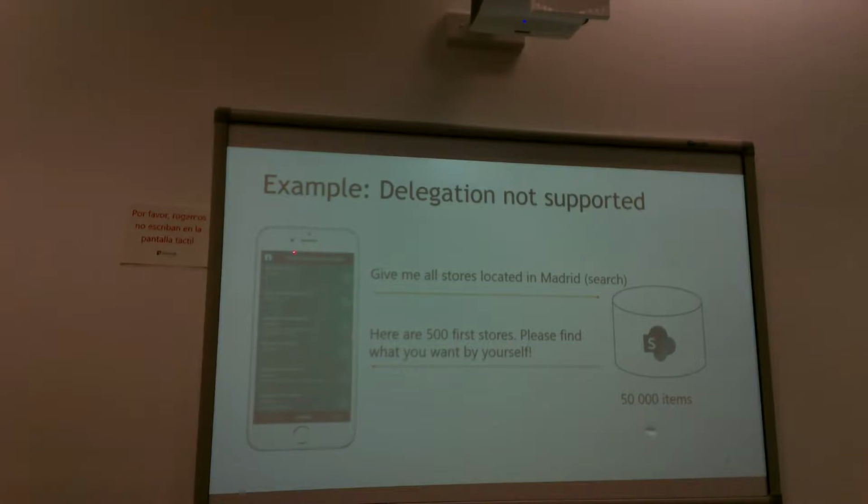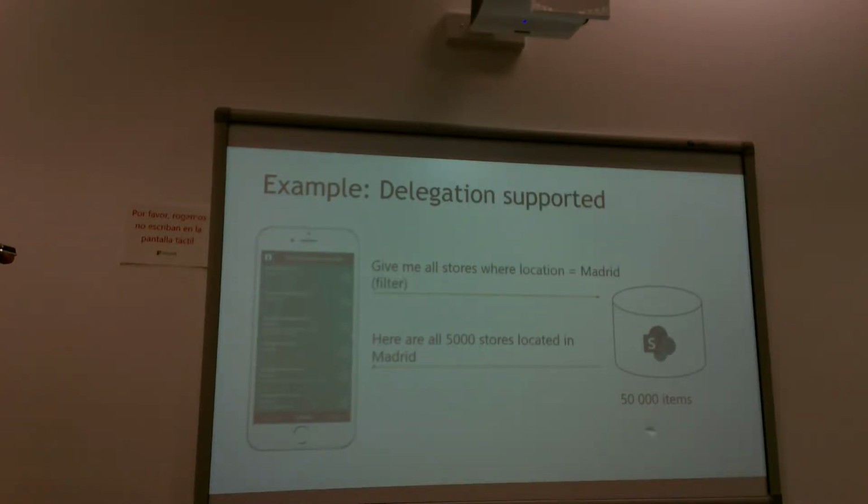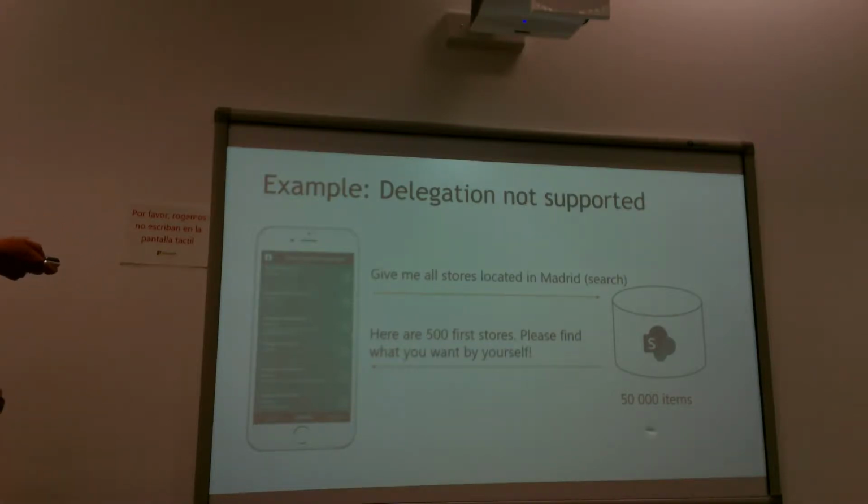And then my PowerApps does the search on those 500. It might be that there are these 5,000 stores located in Madrid. If I do the search, what happens is that in my application I get only 50 from those 5,000, and that's the difference.